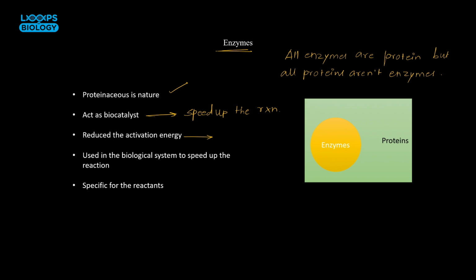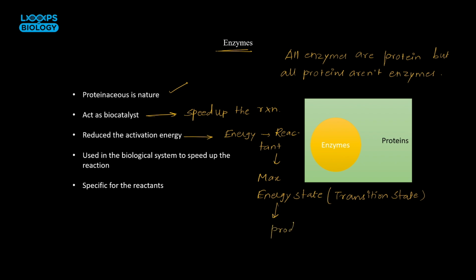Now what is activation energy? That is nothing but the energy given to the reactant to reach its maximum energy stage, which is called the transition state, and after the formation of the transition state, the product is quickly formed, and that is nothing but a speeding up of the reaction.